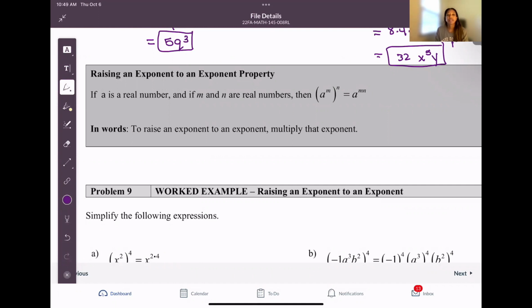And we simplify this by multiplying your two exponents together. The reason why I say I want us to be careful with this one and not to mix it up with anything is we're multiplying the exponents, but this is not the multiplication property, okay? We use this property when we have one base, two exponents. We multiply the two exponents together to simplify.